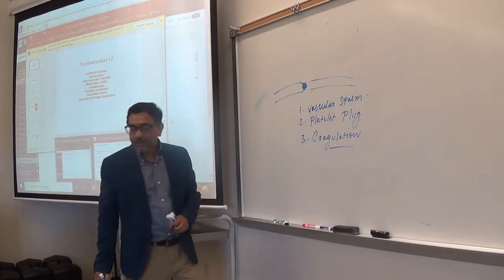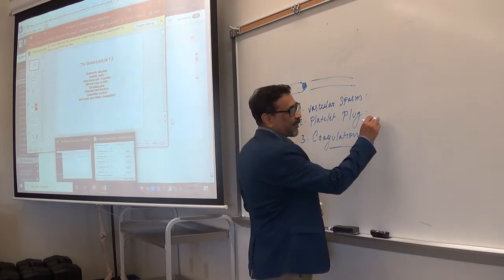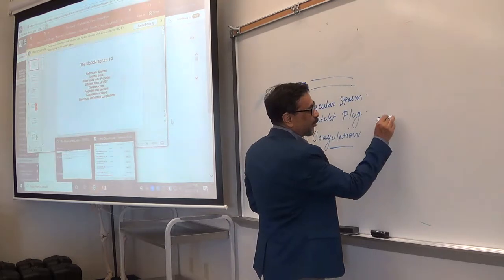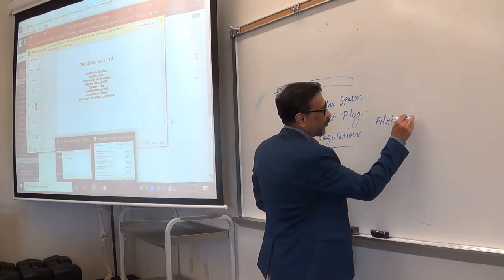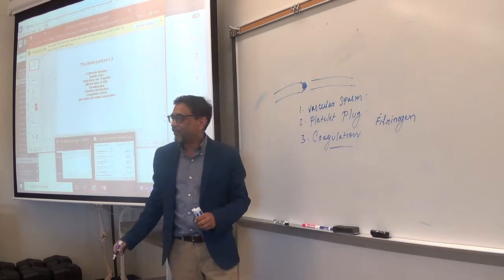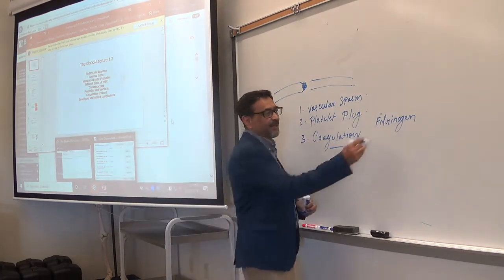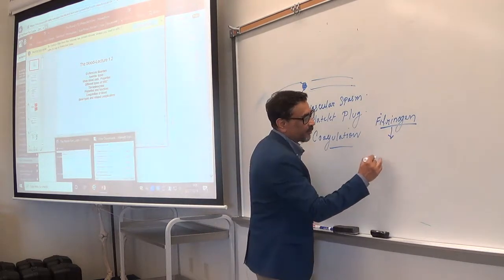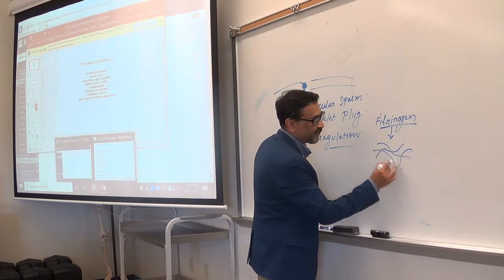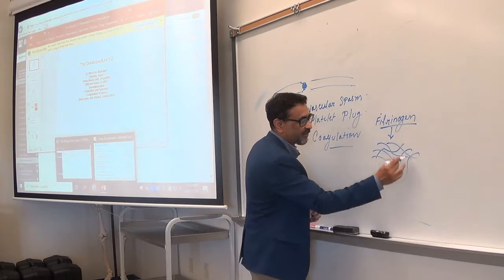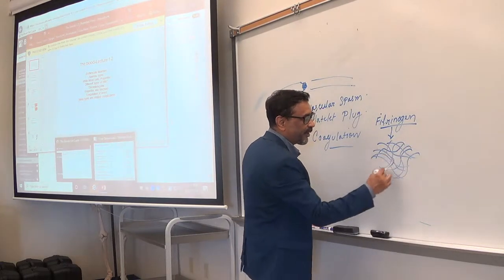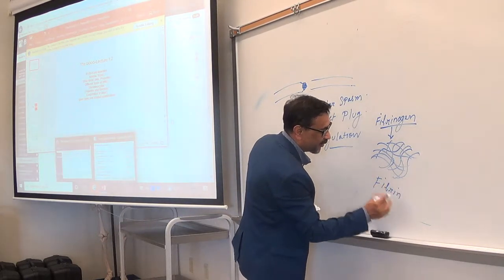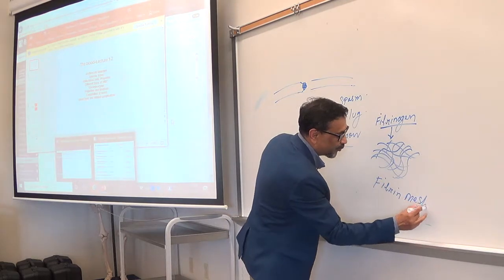In coagulation, what happens? You remember one type of plasma protein that is called fibrinogen. That plasma protein is converted to fibrin threads, thread-like structures, and they get together to form a mesh that is called fibrin mesh.